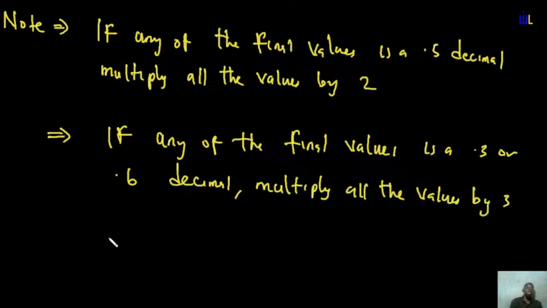So once you have 0.3 or 0.6 as any of your final answers, or 1 point or 2 point or 10 point, anything 0.3 or anything 0.6, multiply all the values by 3 before you approximate. However, for other values, you can just approximate directly and you get your answers.